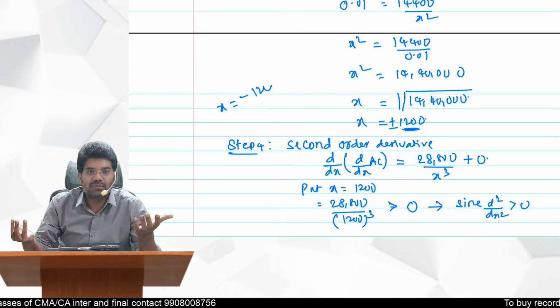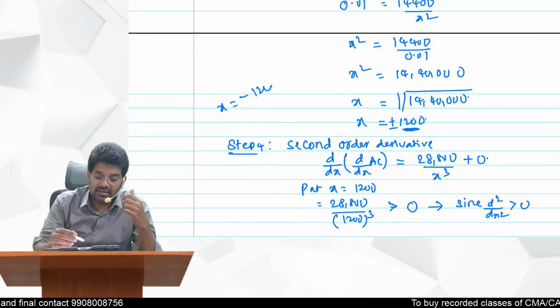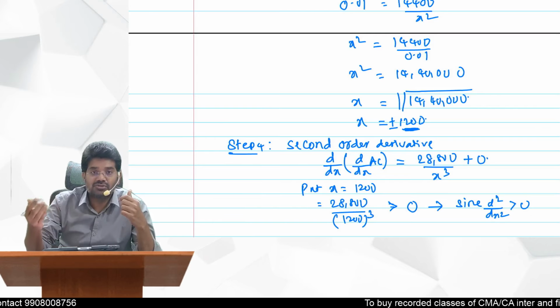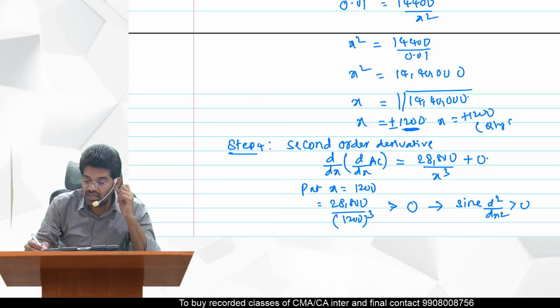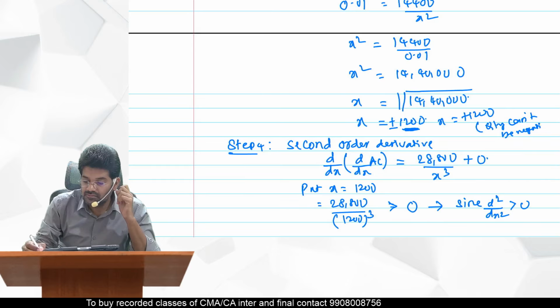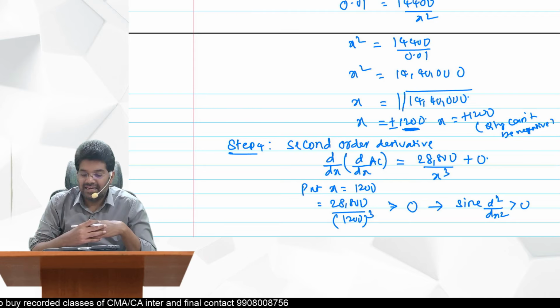Negative quantity no one can produce. That is the reason I took x positive directly; otherwise we should take plus or minus whenever you apply a square root. X is equal to positive 1200.